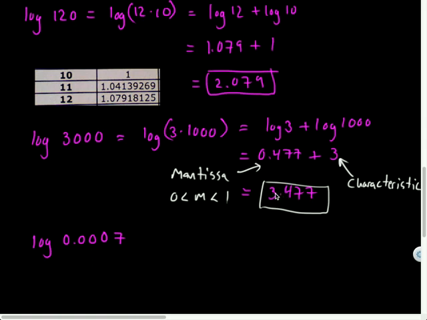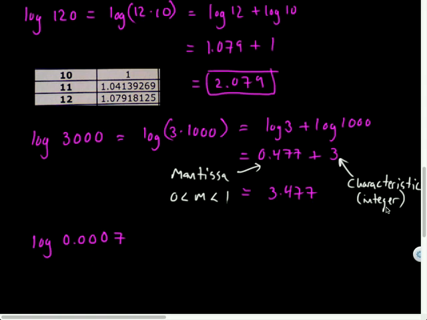So your characteristic in that case would have been 2, and then your Mantissa would have been the 0.5. Can the characteristic have decimals? No. Like if I had log of 27, that's like 1.43. That's greater than 1, but it's not a whole number. Well, the characteristic is the 1, and the Mantissa is the 0.43.